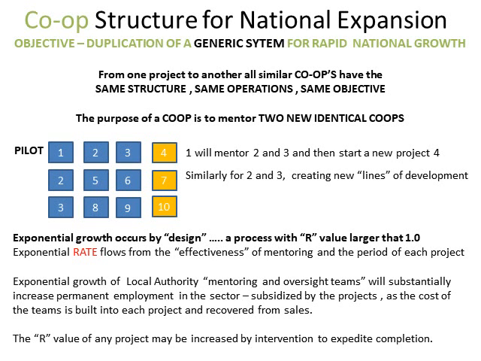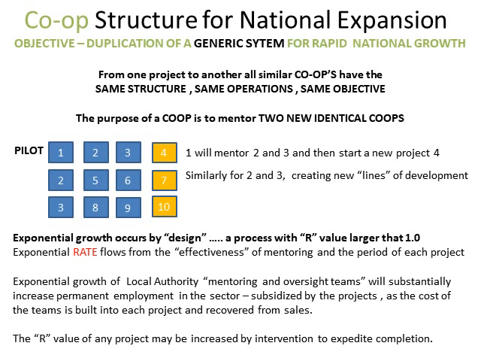From one project to another, all similar co-ops will have the same structure, the same operational processes and the same objectives. And the purpose of a co-op is not only to do its work within the project, but to mentor two identical co-ops. So by the time that project is finished, there are 3 qualified entities ready to move on to 3 new projects. So this little diagram would show that.